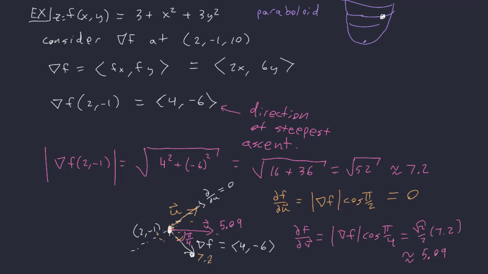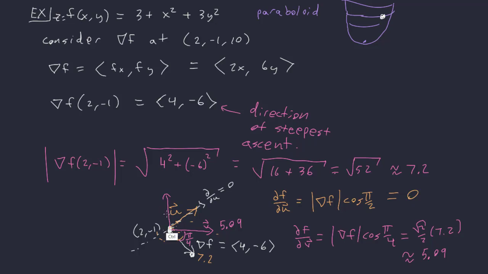So we start here at about 7.2. We reduce down to 5.09, halfway between, then to 0. Then let's see what happens if we get to 3 pi over 4 away.